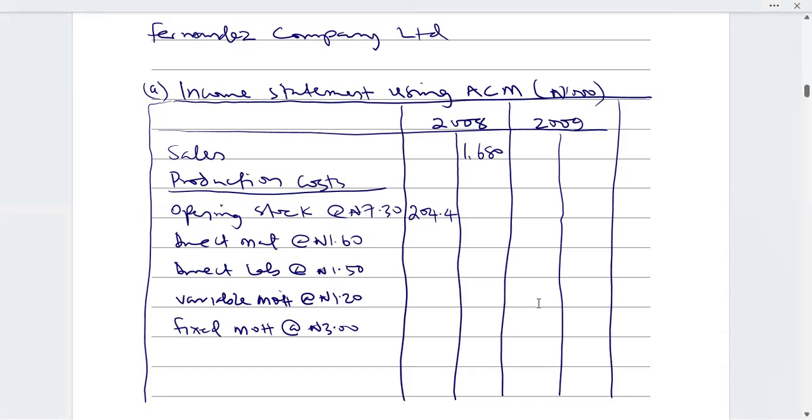Therefore, I want to determine direct material cost. So 200,000 units multiplied by 1.6, what do you get? 320,000. Okay. Then direct labor, 1.5 multiplied by 200,000.